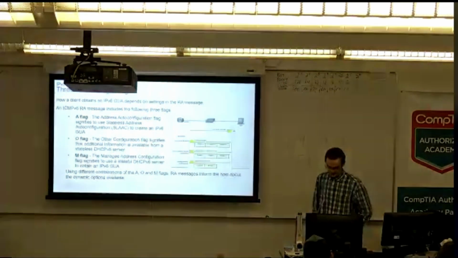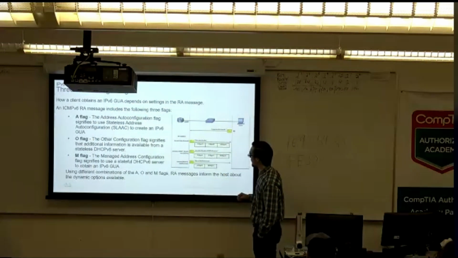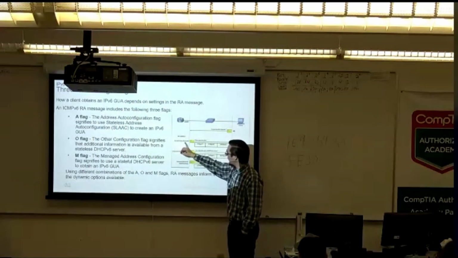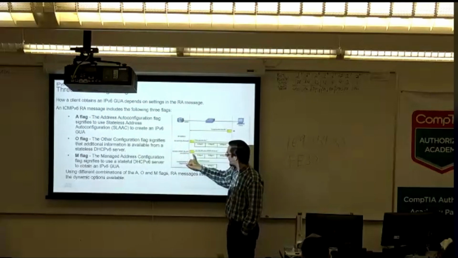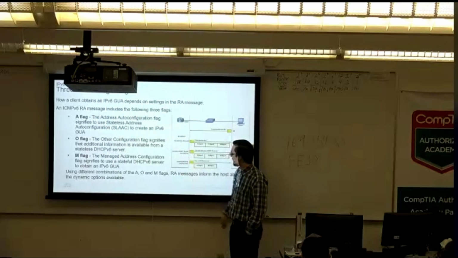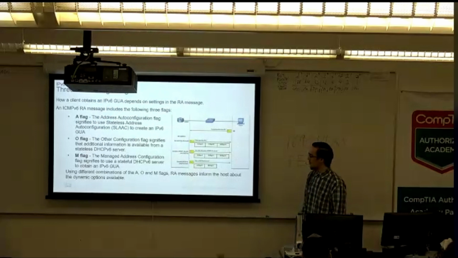Yep, so router solicitation from the client, and then these are your three different outcomes. SLAAC only, so full SLAAC, half SLAAC, so SLAAC with DHCPv6, and then stateful DHCPv6, DHCPv6 only.